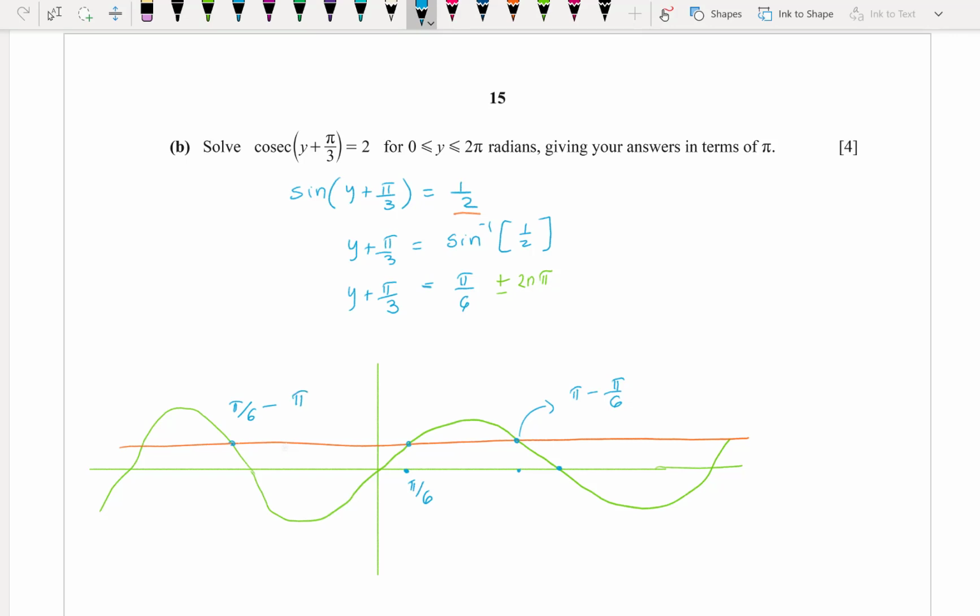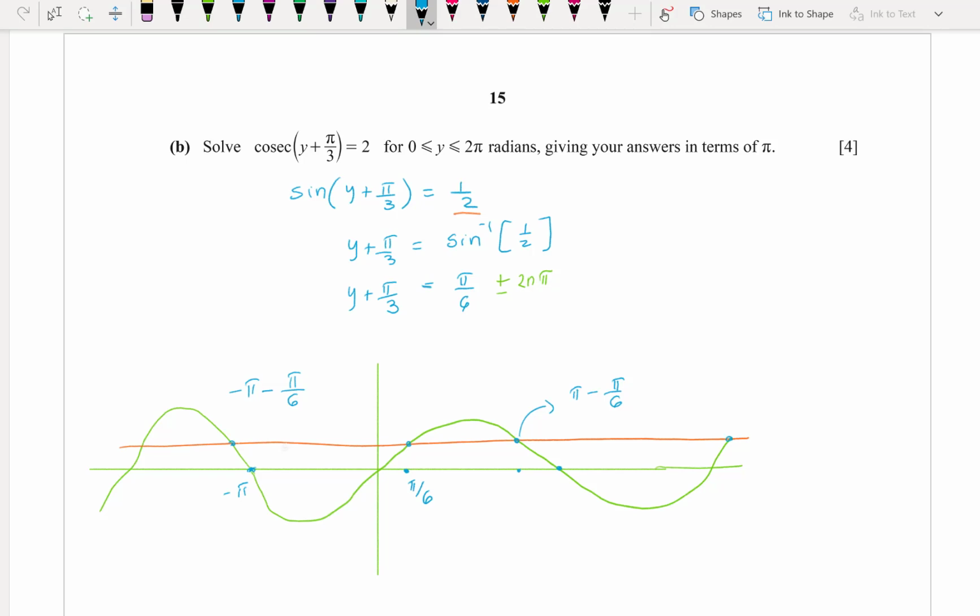Isn't that correct, Amrita? This one will be pi by 6 minus complete pi. Maybe I don't think that's very logical to do that way. Look at this one. This value is minus pi, Amrita. Do you agree? Yes. Okay, so this one will be minus pi by 6. Similarly, let's do this one.